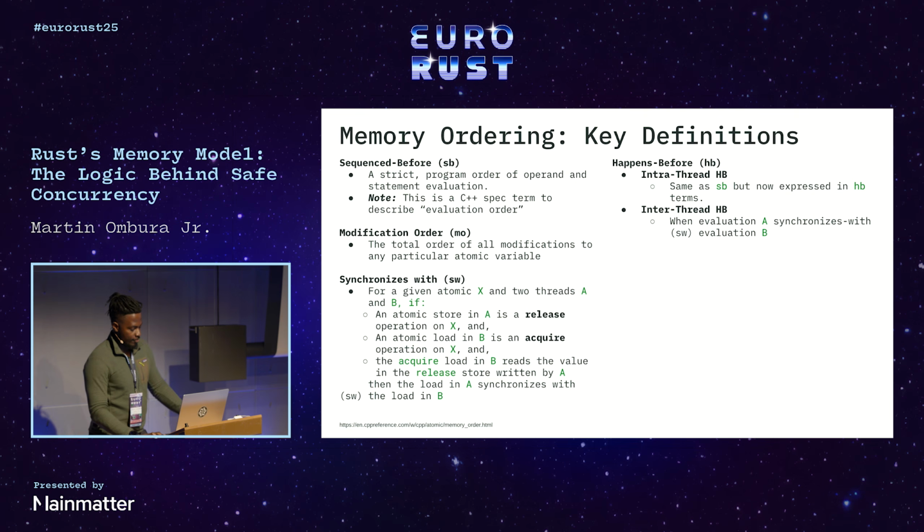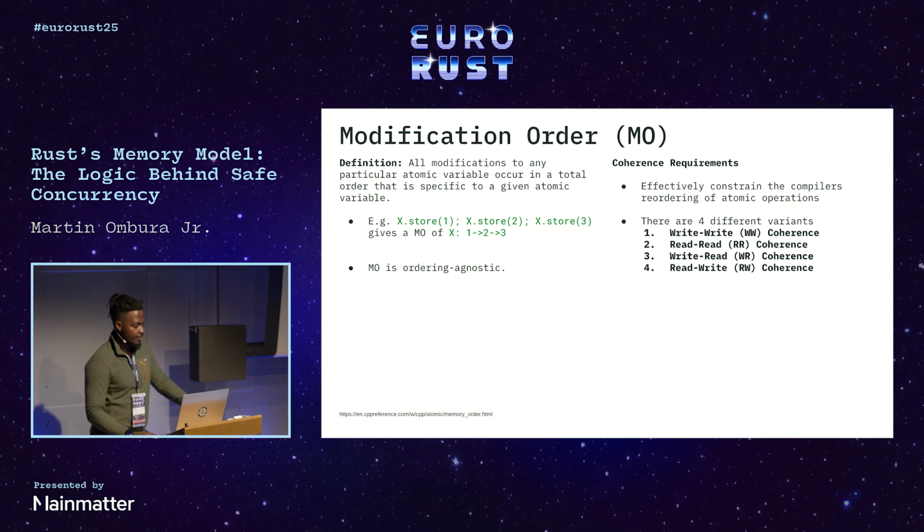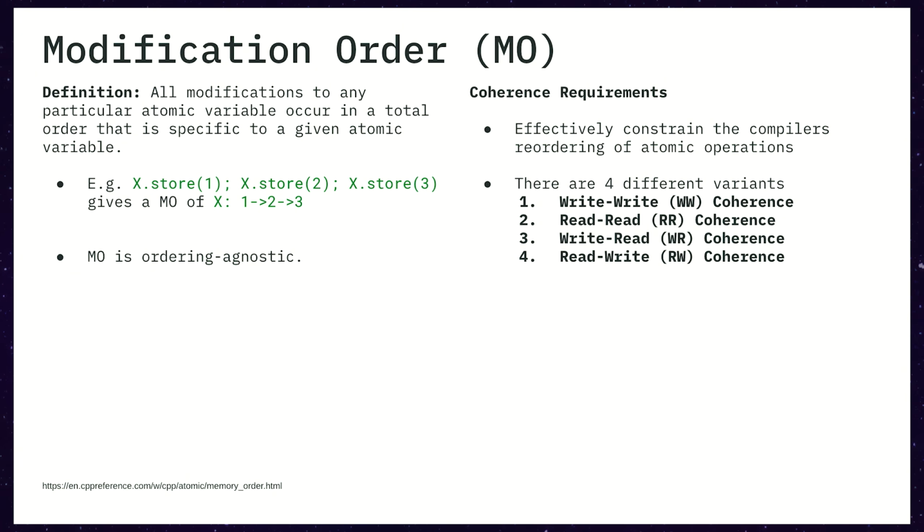So let's look at modification order. I have a few diagrams I'm going to show you about how a particular variable can move. But just to redefine it, modification order cares about how an atomic's value changes over time. So if I'm applying to some atomic X, storing 1, 2, 3, I expect to see 1, 2, 3 as the linear modification order. Now, in order to ensure this happens, we need to tell the compiler, because the compiler wants to reorder things.